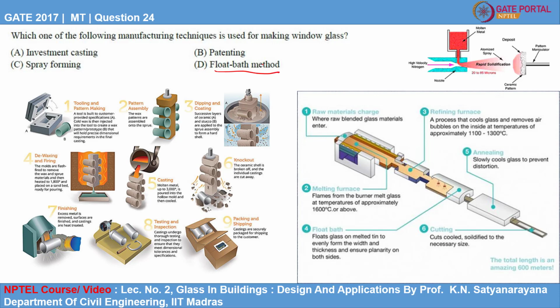After the float bath comes the annealing, where all the residual stresses that are formed are slowly relieved by heating the glass to the stress relieving temperature. Finally, the glass undergoes the cutting operation, where the glass is cut to the necessary size. So for making window glass, we need a plain glass, and that is manufactured using the float bath method.